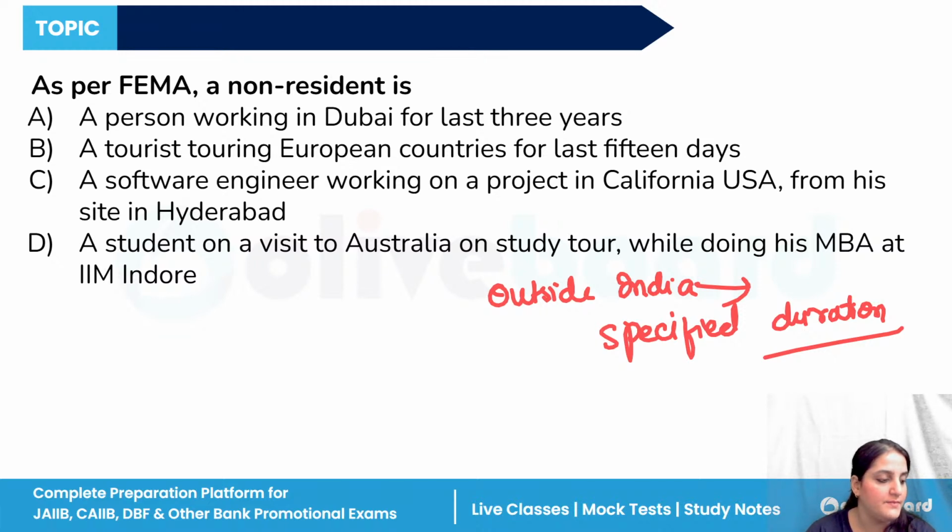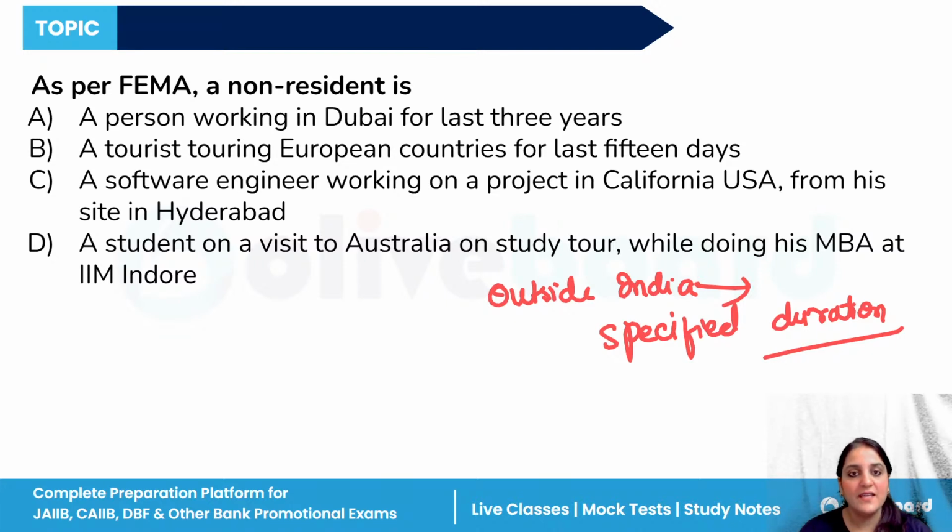So basically here, a non-resident is a person who is working in Dubai for the last 3 years. I think this option is correct, because they have been residing outside India, so in that case the person will be a non-resident. A student who is visiting on an Australia tour is an Indian resident, because he is already doing the MBA at IIM Indore.